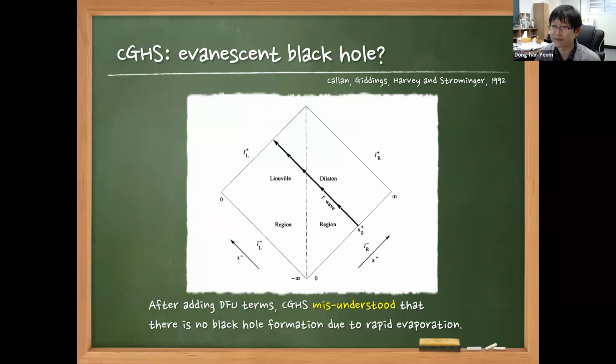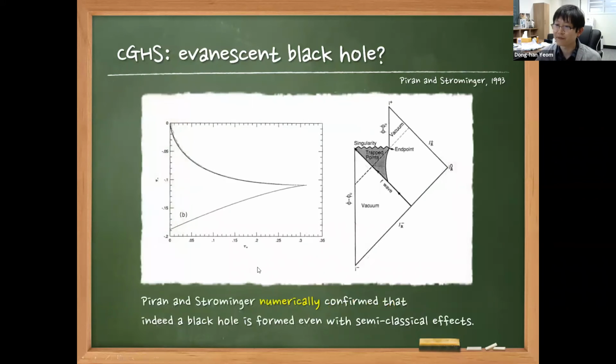the rapid evaporation. But I said this is a misunderstanding, because if you compute this more carefully, then there must be a formation of the singularity. So in the CGHS model, there is no analytic solution, but Piran and Strominger in 1993 simulated it using the numerical technique.